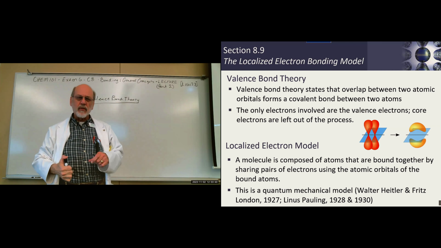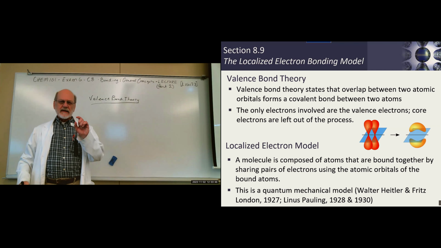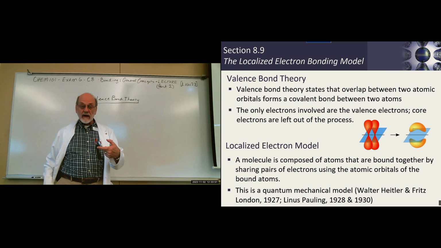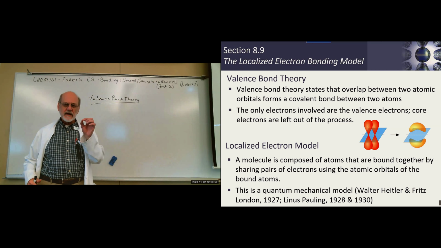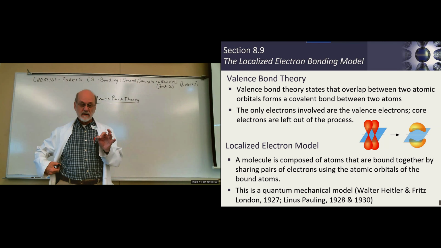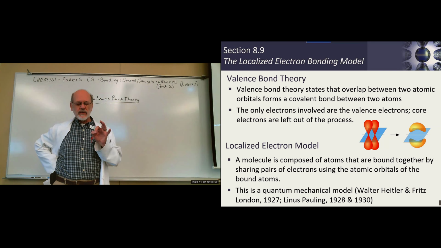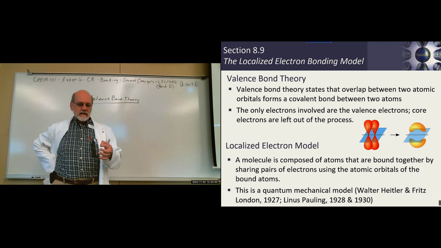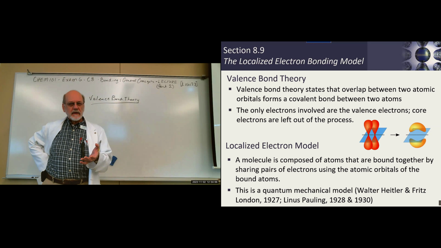The key point here is that the valence bond theory and the localized electron model say that the electrons belong to the atoms of their origin, and they stay belonging to the atoms of their origin. They're only shared in order to form the bond.